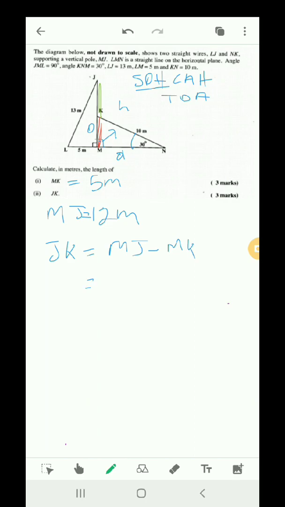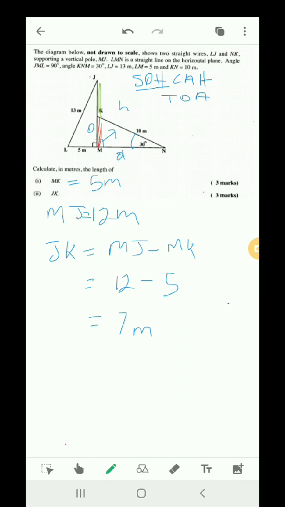Now MJ is equal to 12 meters, as we found here, and MK is equal to 5 meters. So 12 minus 5 is 7. So JK is actually equal to 7 meters.